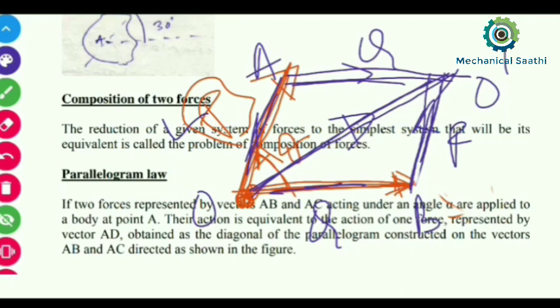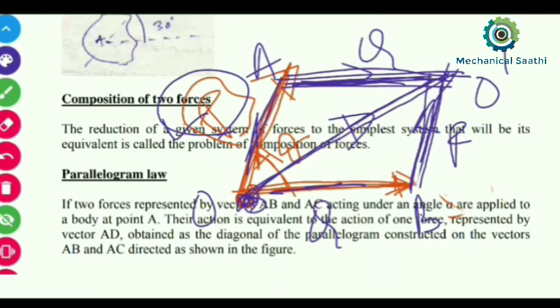If the two forces are coming from a single point, this type of forces we call concurrent forces. We'll discuss later the different types of forces, such as concurrent force and collinear force. Here the condition is that the two forces are concurrent, meaning they come from a single point with different directions, some angle between them, and different magnitudes. Then we need to construct the parallelogram by taking the magnitudes of these two forces, and the diagonal we get will be the resultant of the two forces.